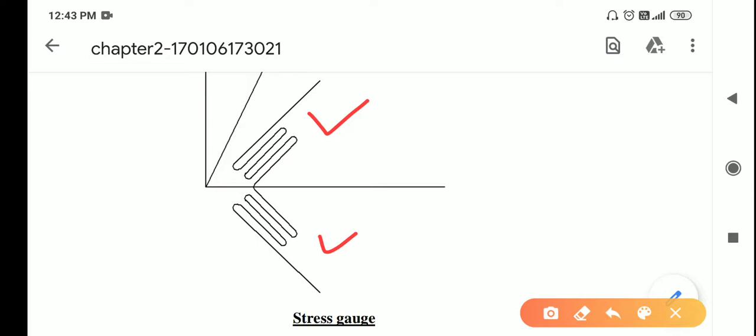We consider this A and this B. One is at minus theta angle and the other at plus theta angle. By these two gauge arrangements you can determine the stress value.